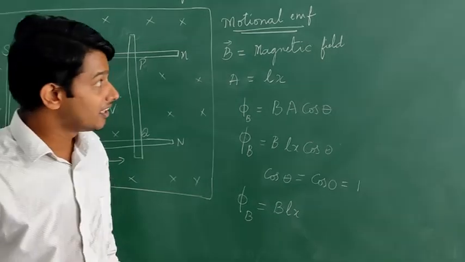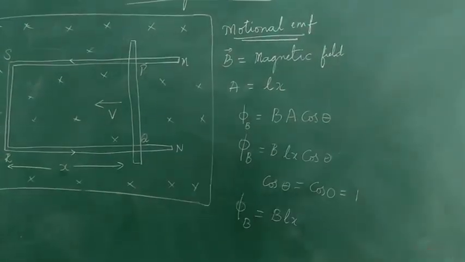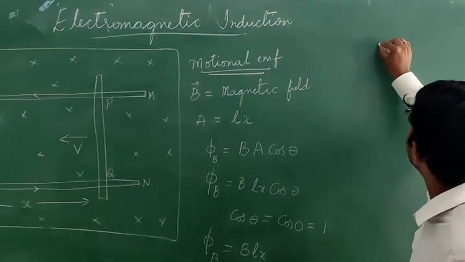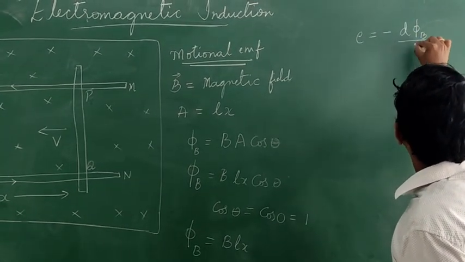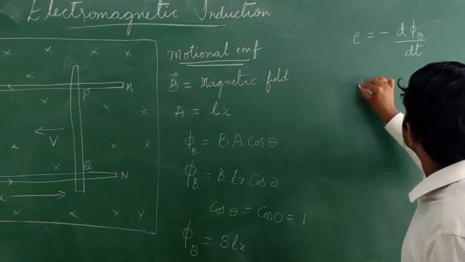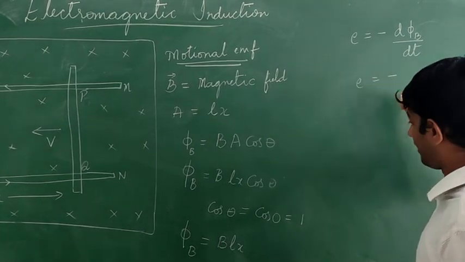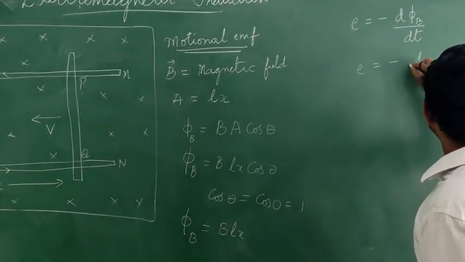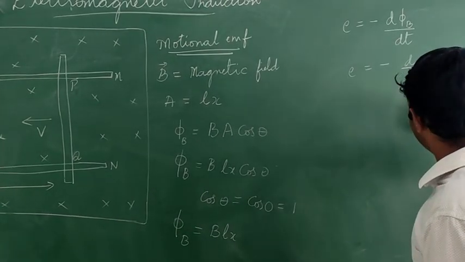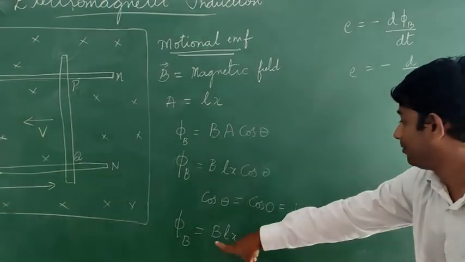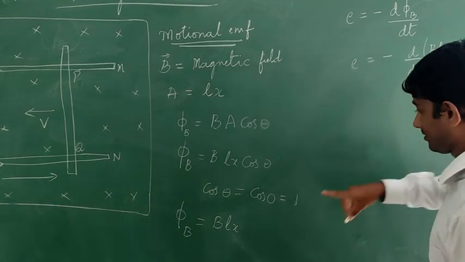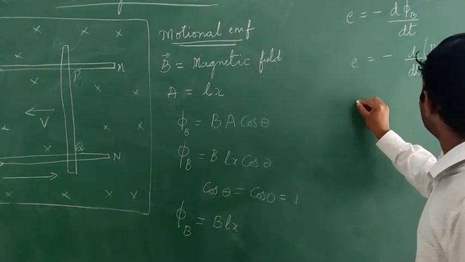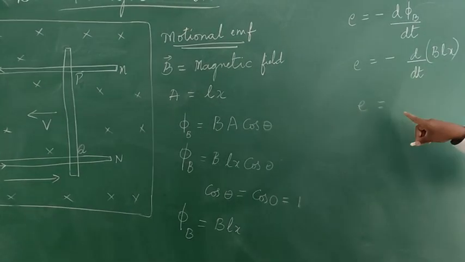Now let us take Faraday's law of induction. According to Faraday's law of induction, E is equal to minus d phi B by dt. So E is equal to minus d by dt of BLX.